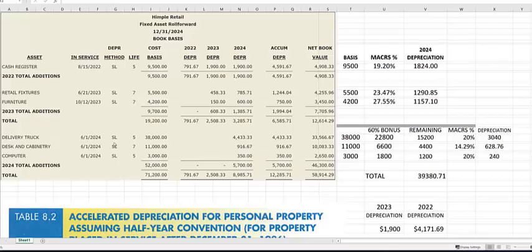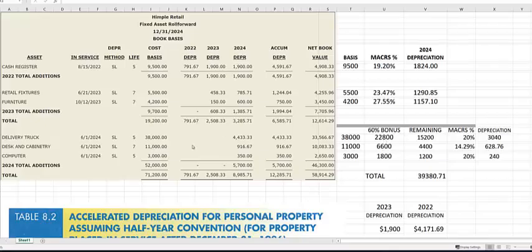That means we can expense 60% of the cost of these assets with the bonus depreciation. So I'll take the 38,000 times 60% gives me a depreciation expense deduction of 22,800.